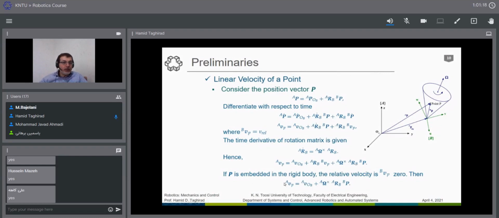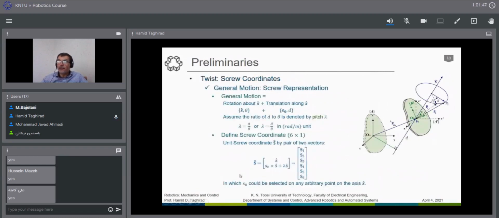If you want to find the derivative of a very difficult equation, a very sophisticated kinematic vector loop closure equation, just make the differentiation and use the golden rule. Whenever you have R dot, use omega cross R, and this will help you to find the differential kinematics quite easily.